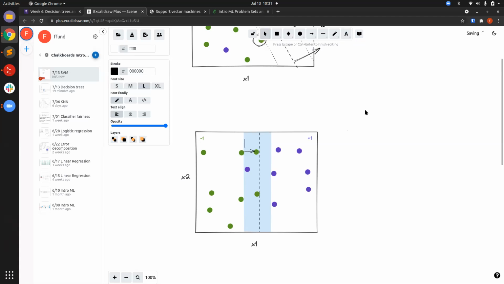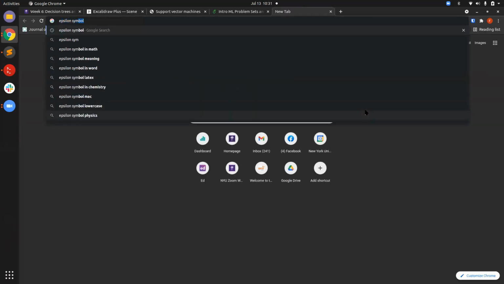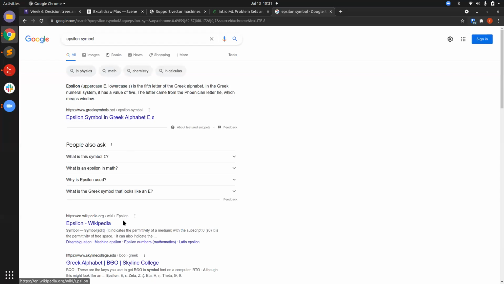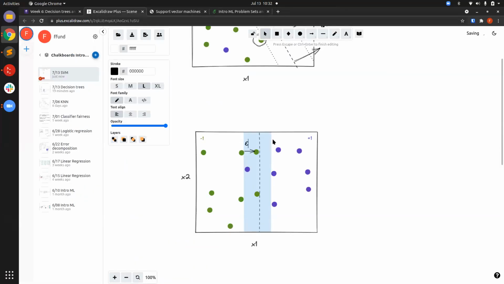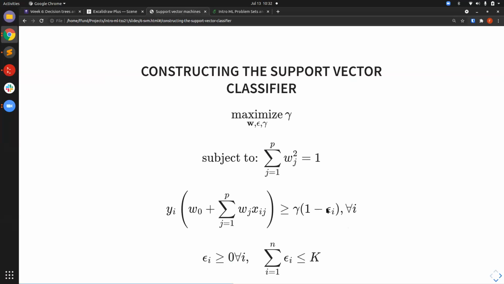For this point, we have an epsilon greater than 0, which means that the distance of this point from the hyperplane is actually not greater than gamma, because we have a non-zero epsilon.